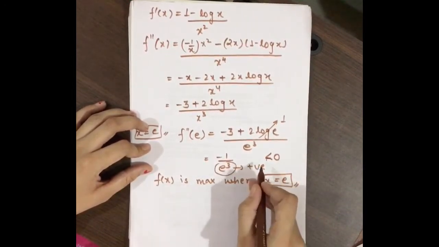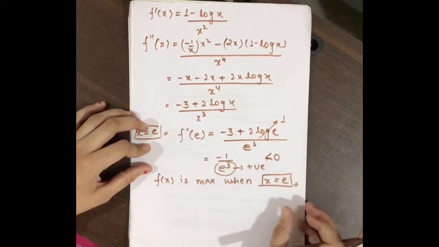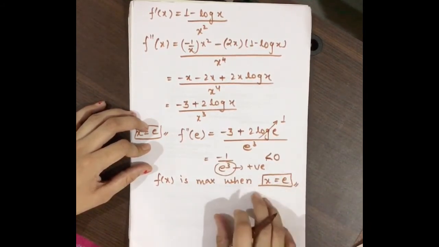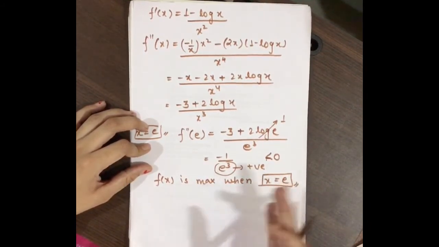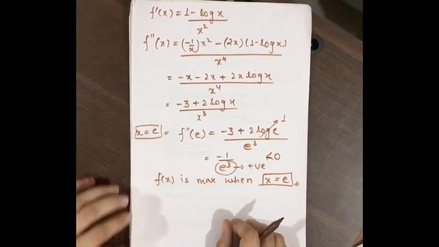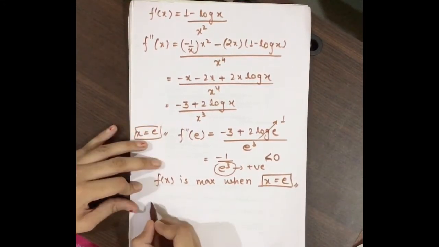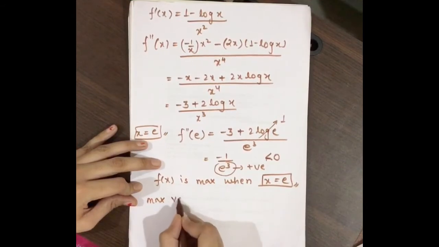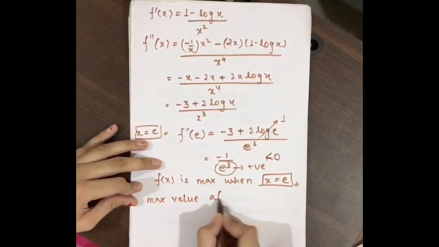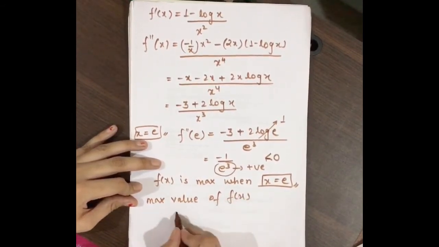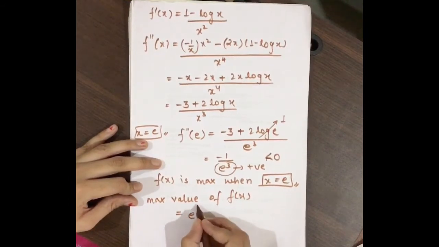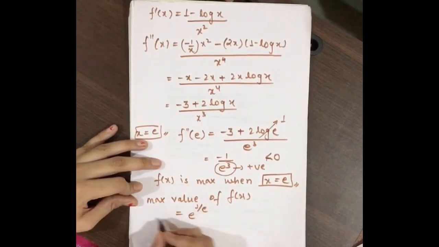So the maximum value of f(x) will be, what I said was that we just need to put e in the f(x) term. So the maximum value of x to the power 1 by x is equal to e to the power 1 upon e. So this is the answer.